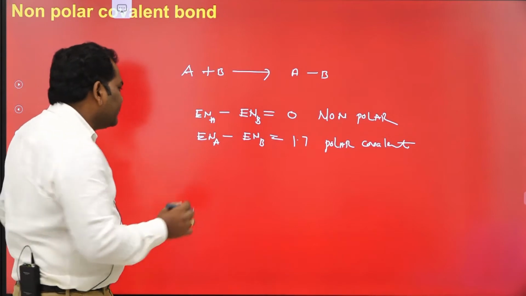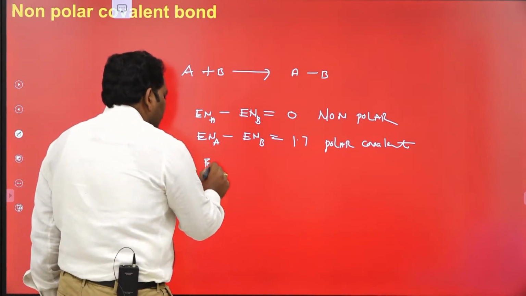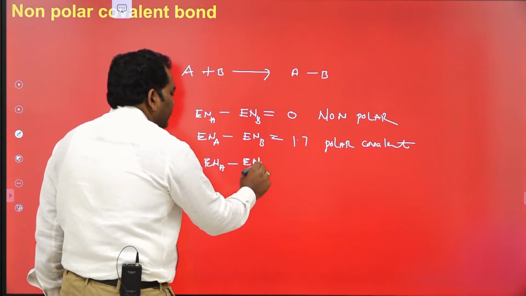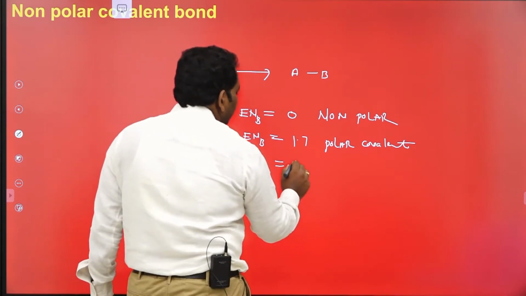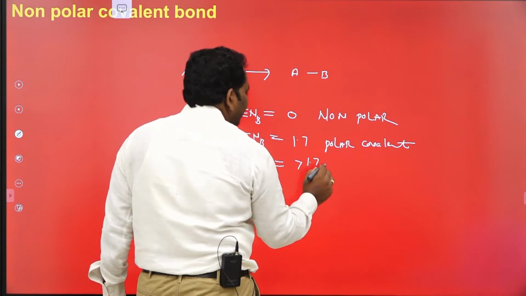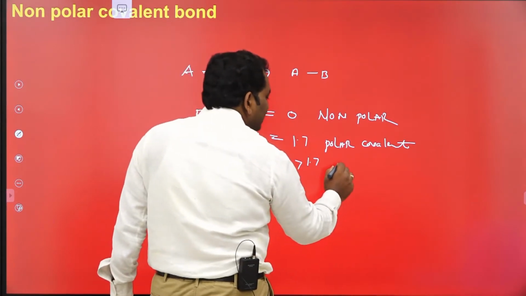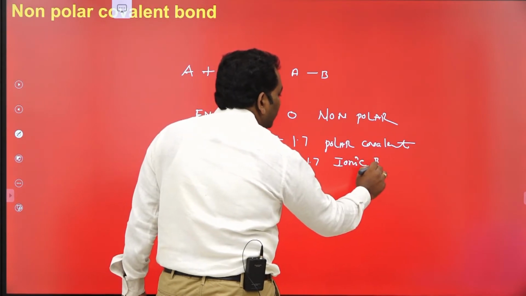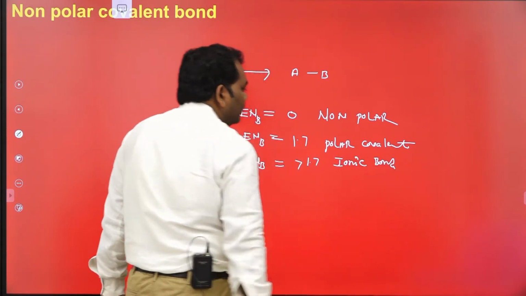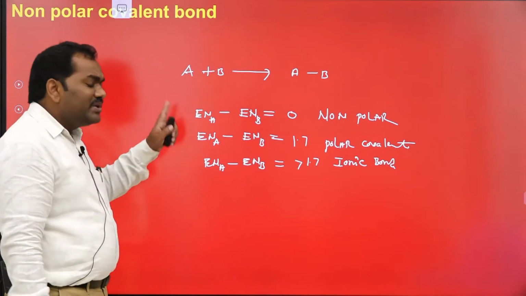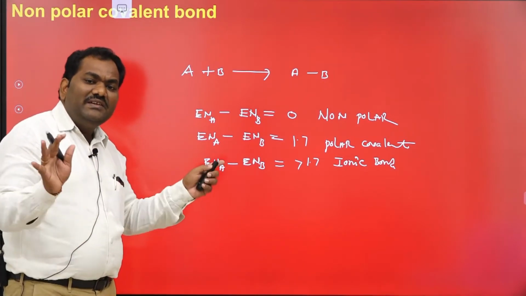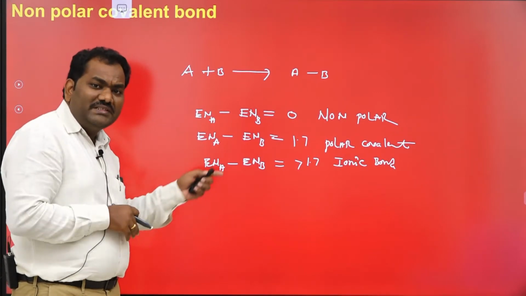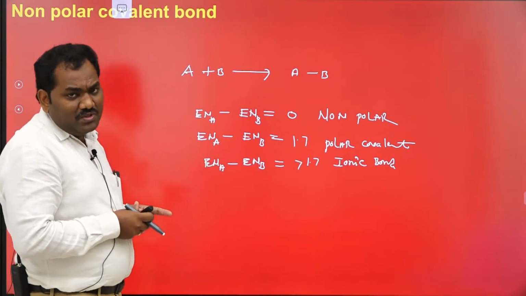If EN A minus EN B is greater than 1.7, it is considered an ionic bond. Based on the electronegativity difference, we can easily identify the type or nature of bond present between the two atoms in a molecule.